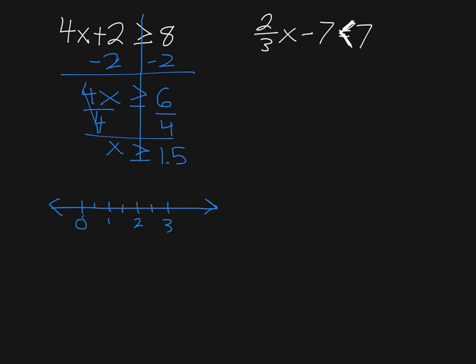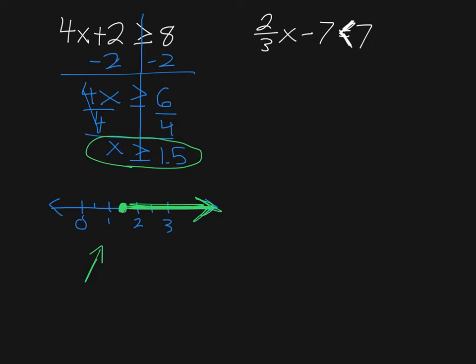So I'm going to put my circle on 1.5, and since x can be equal to 1.5, I want to make sure that's shaded in to show that that's a possible value, and x can also be greater than 1.5, so I'm going to shade in the numbers to the right. Okay, so here I have my solution, and here I have my graph showing the possible values that make the original inequality true.